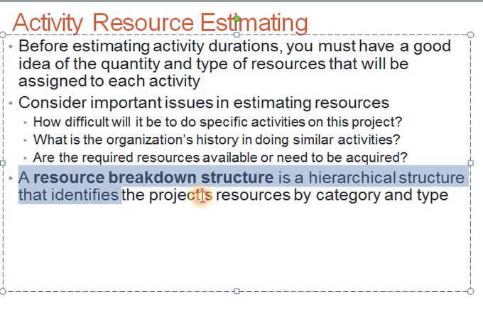A resource breakdown structure is a hierarchical structure that identifies the project resources by category and type. It is basically a hierarchical structure where you have to identify the project's resources by their specific category and type.